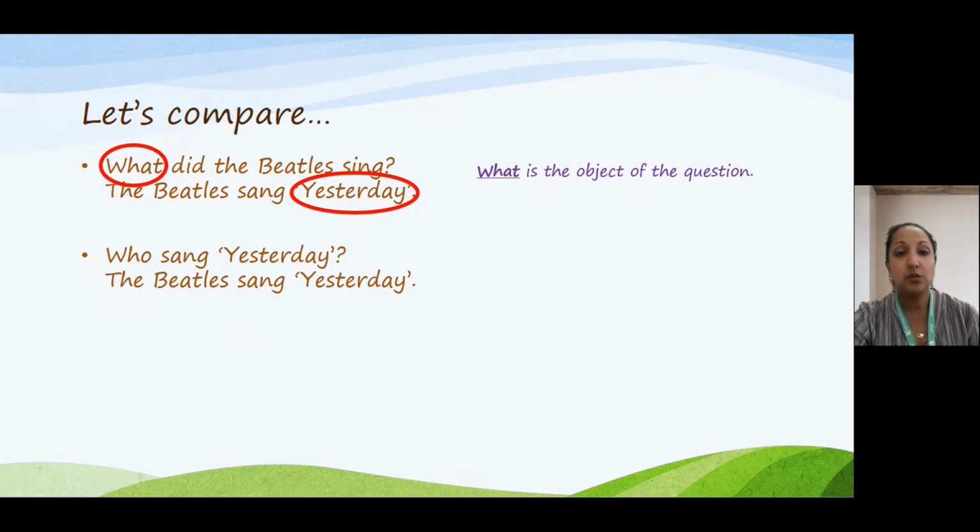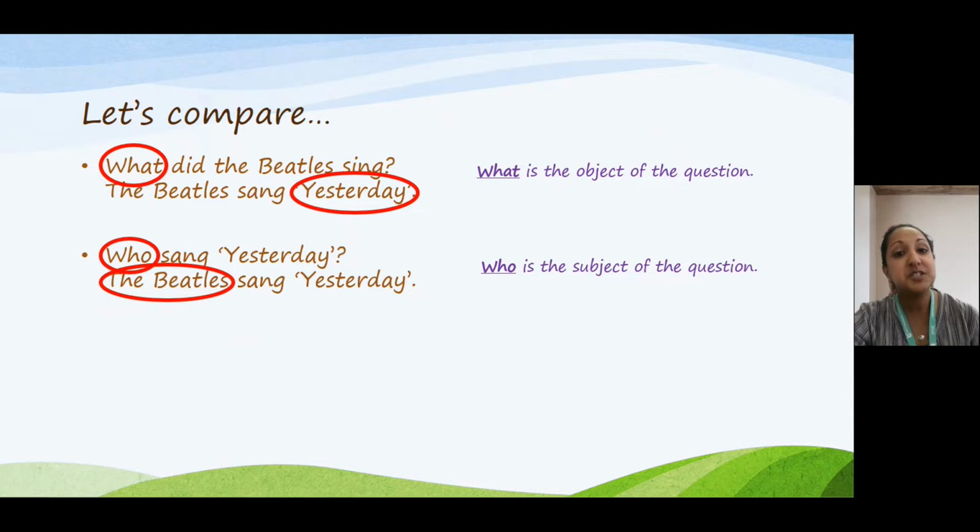Question: who sang yesterday? The answer is the Beatles sang yesterday. Who is the subject of the question. Who is the Beatles? Okay, they are the subject. They are the ones that sang yesterday.